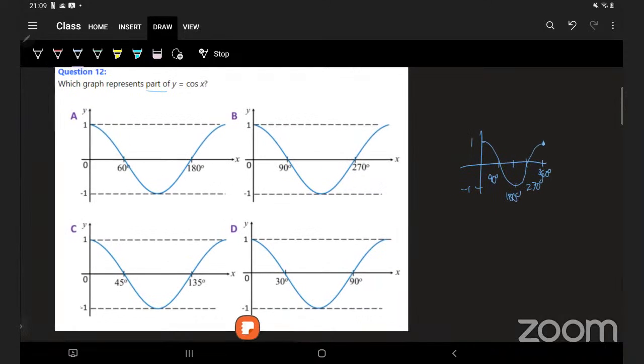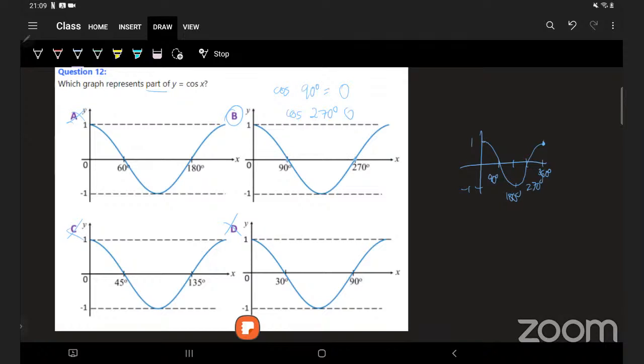So which option gives us the same visualization as this one? It can't be A, because it's 60 and 180, and that's not 90 and 270. Can't be C, can't be D. So the only option is B, because that's the only one that gives us this. If you put cosine 90 degrees and cosine 270 degrees into your calculator, both give 0, and it matches up with the graph, because it's on the x-axis, which is 0.